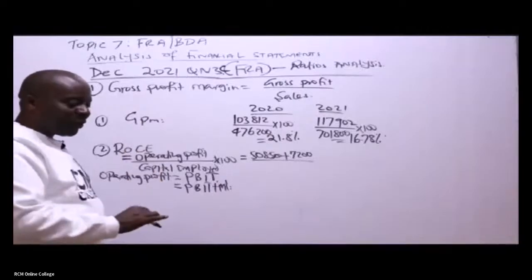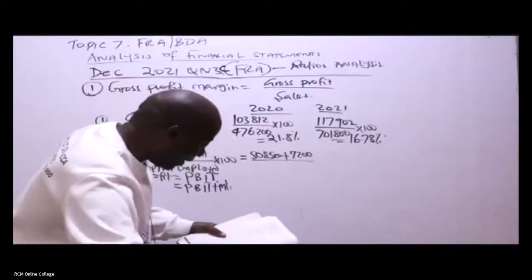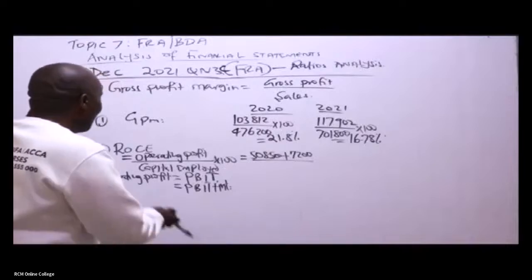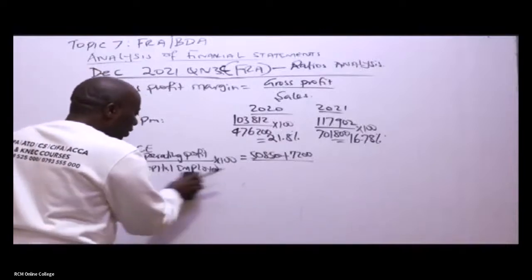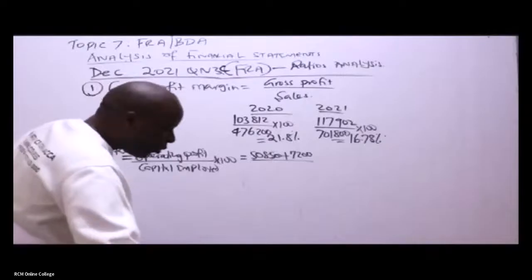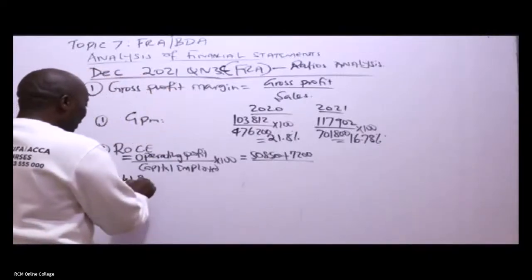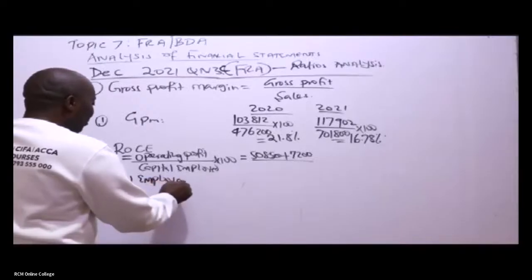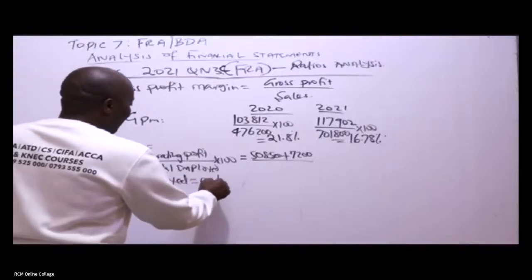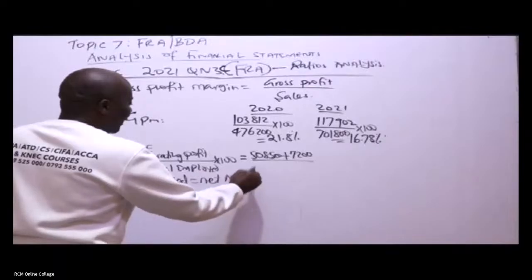Please write your own notes very well. How about this capital employed? Again, here you have to be very, very careful. Whenever you hear capital employed, this is the same as net assets.